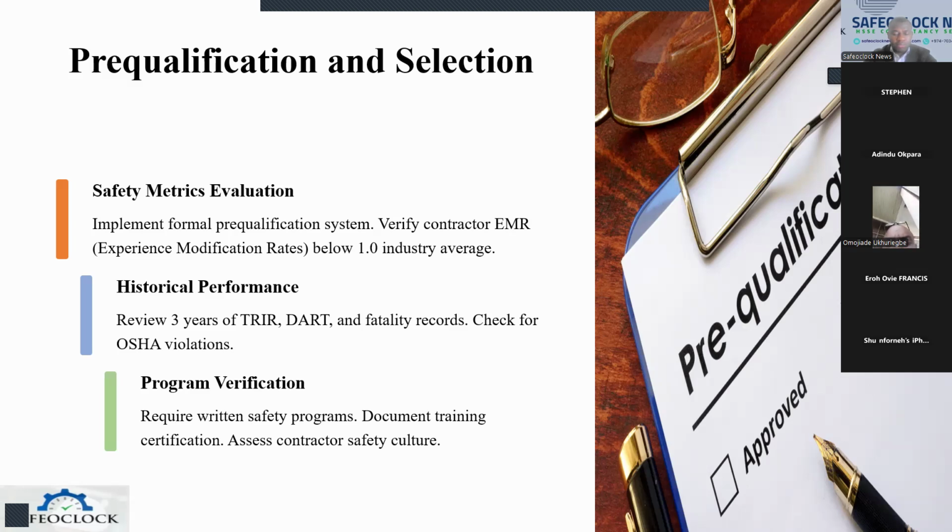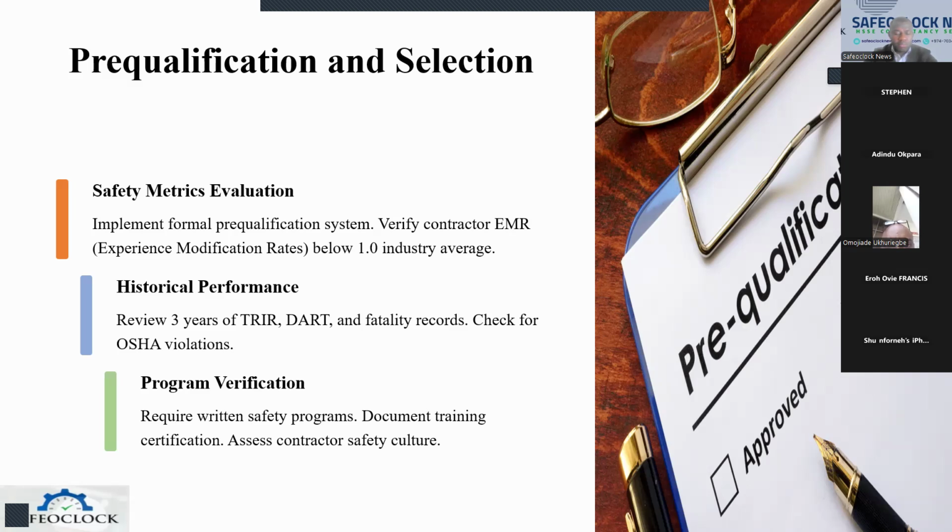For historical performance, you have to review the three-year total recordable incident rate and look at the fatality record. If it's within the United States, you check the violation record. If it's within another jurisdiction, we know what is applicable. We have to check out all those things.